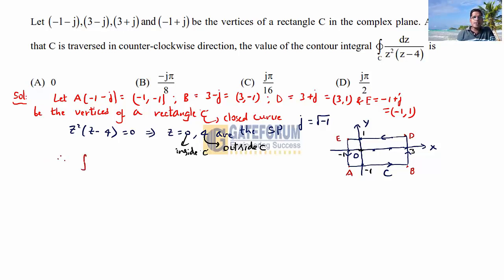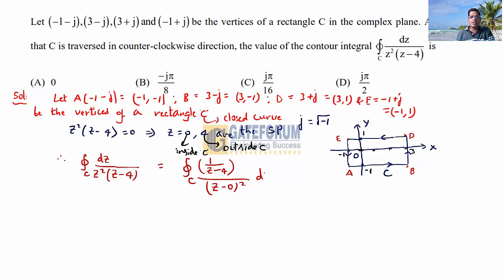I can adjust the given integrand as integral over C dz by z square into z minus 4. The singular point 4 corresponds to the factor z minus 4, which is outside. So just write this factor in the numerator, and the remaining in the denominator. So it can be adjusted as 1 by z minus 4 in brackets, whole divided by z square, which can be written as z minus 0 whole square, where the singular point's corresponding factor should be kept in the denominator.